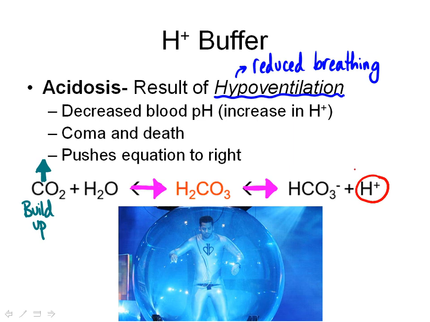So your carbonic anhydrase on your red blood cells, on your hemoglobin, starts working like crazy, and you start making lots of H+. And again, chemists in the room, you know that if you're making lots of H+, you are bringing the pH down. Things are becoming acidic. So the pH drops.